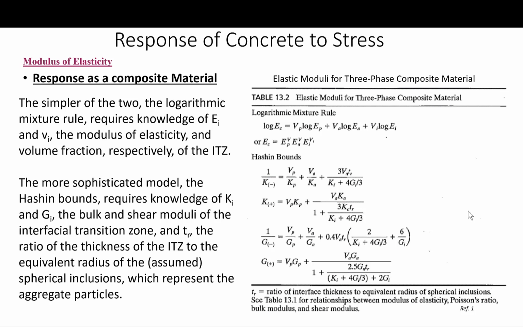Based on measurements of the dynamic modulus of elasticity, which we will discuss later, and an analysis using the logarithmic mixture rule, the ratio of E sub I, the elastic modulus of the interfacial zone, to E sub P, that of the paste, has been found to lie between 0.15 and 0.74, depending on the assumed thickness of the interfacial zone.